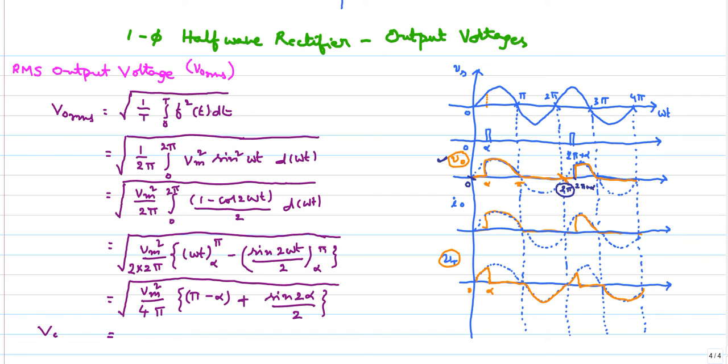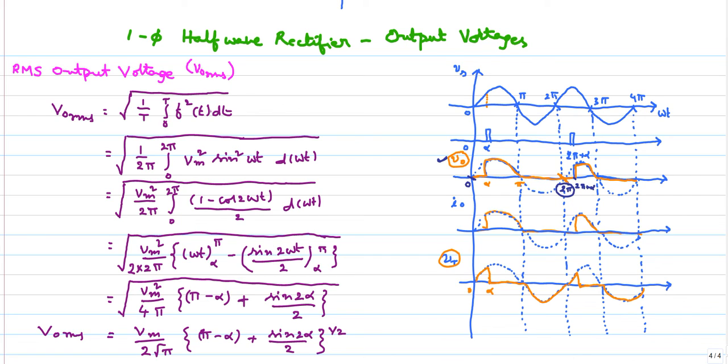So V naught RMS is equal to Vm by 2 root pi into pi minus alpha plus sine 2 alpha by 2, whole power 1 by 2. So this is V naught RMS.